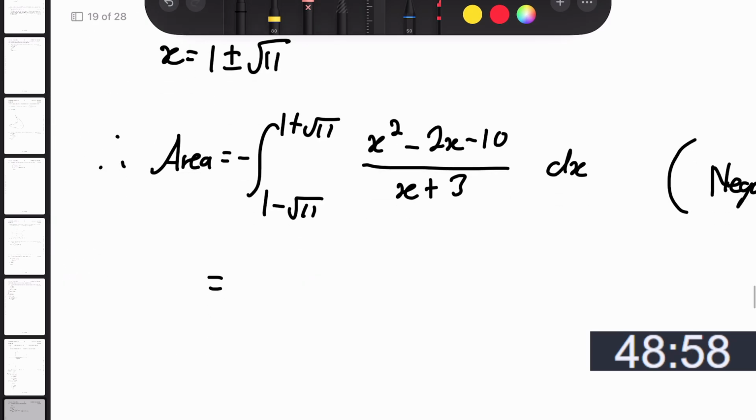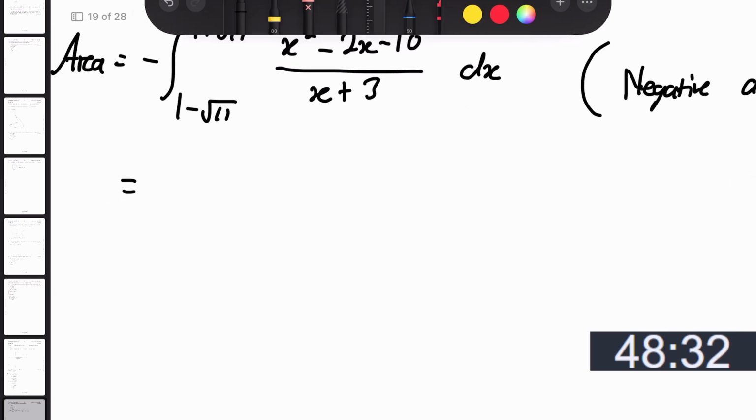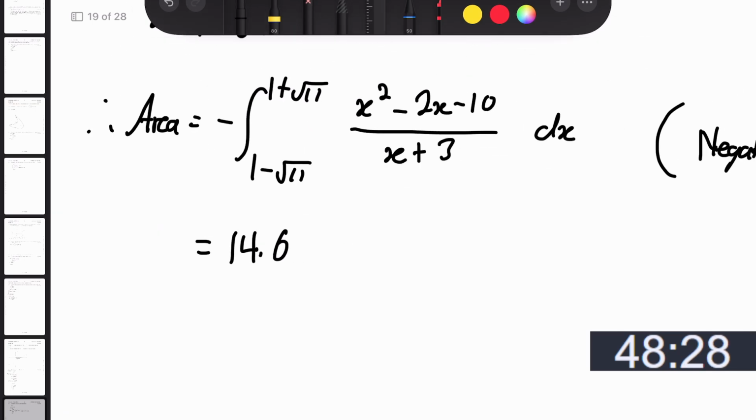I'll make that negative a bit easier to see. So then negative, 1 minus square root of 11 on the bottom, because obviously that's going to be lower than 1. I'm going to have x squared minus 2x minus 10 over x plus 3 dx, decimal 14.6. Oh wait, exact area.